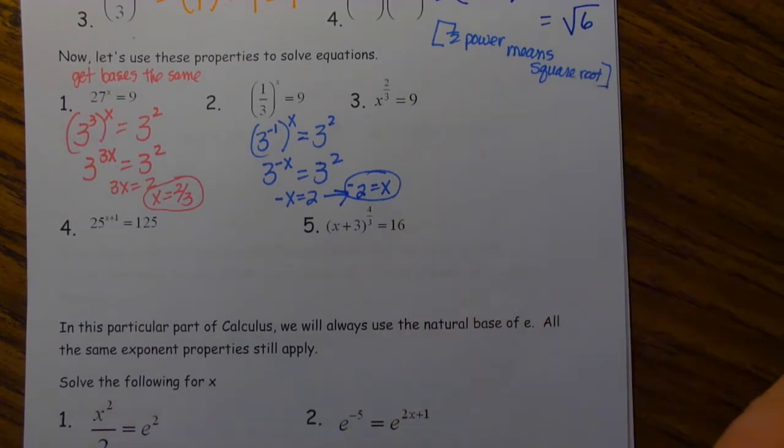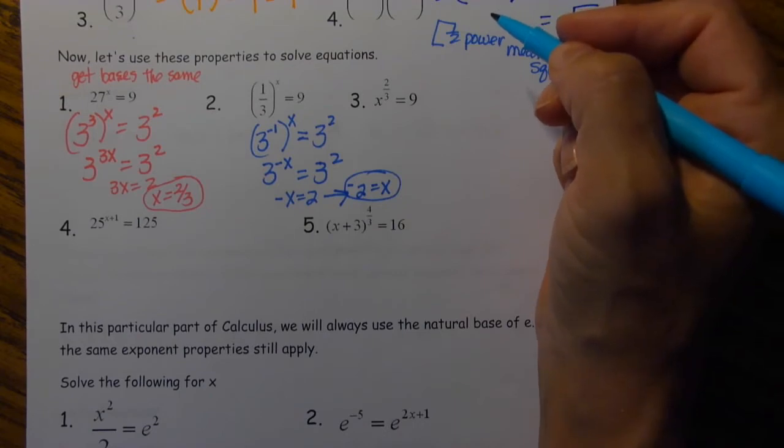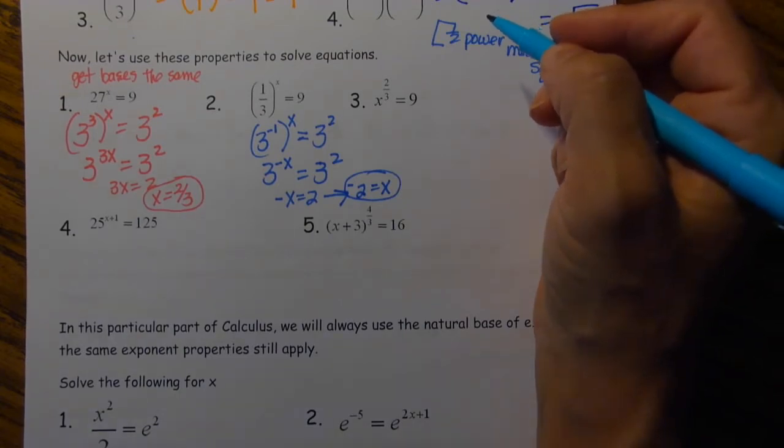Okay, what about this? How do we handle this issue? Who loves that fraction? I don't want a fraction. Can you get rid of a fraction? What could you multiply 2/3 by to make it turn into a 1?